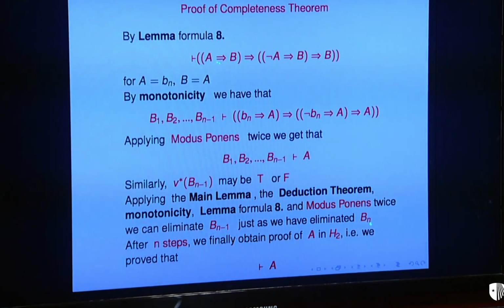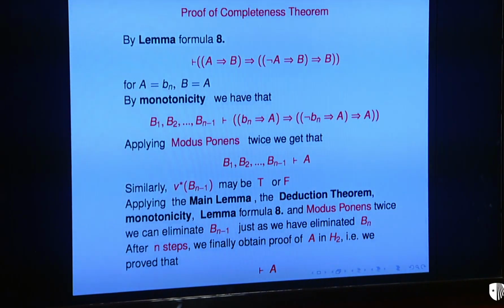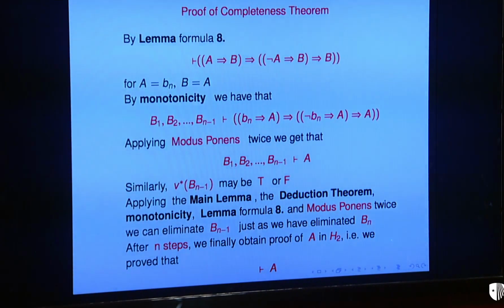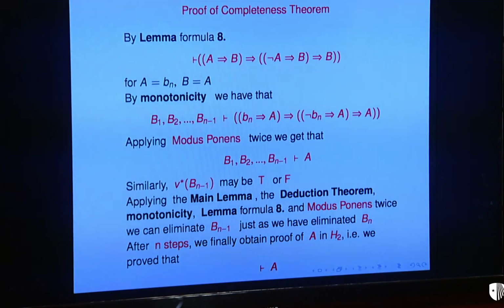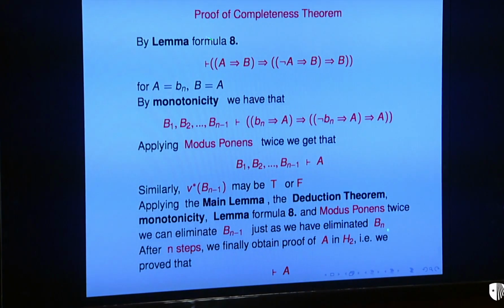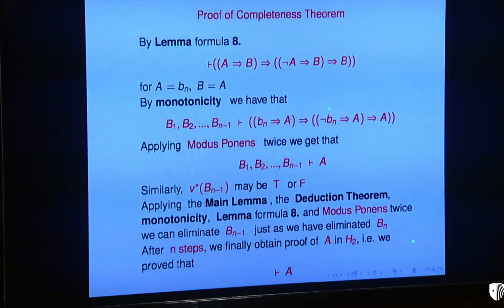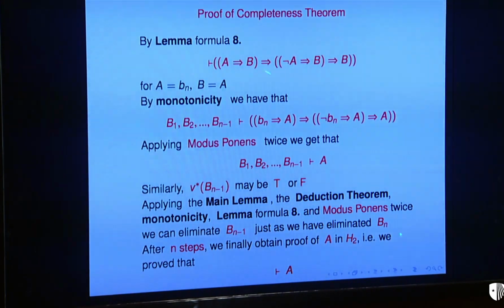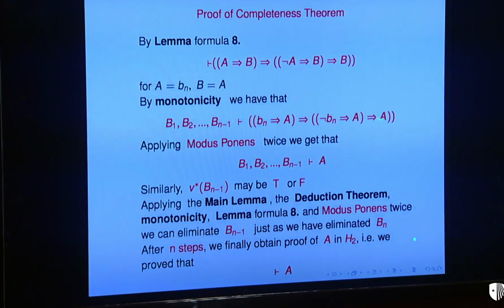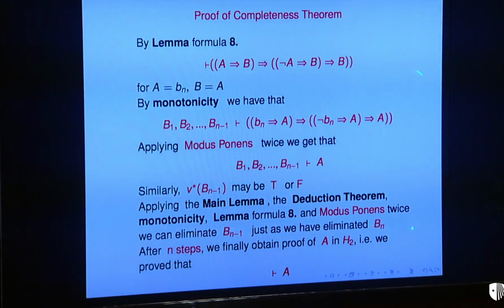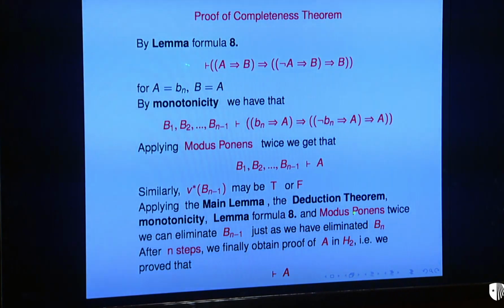But A implies B, if you take this A equals Bn, so the lemma 8 would be: if you take this A is Bn, and negation of A is not Bn, and this B is A, I have the proof of that. I have it, I constructed it, you see.